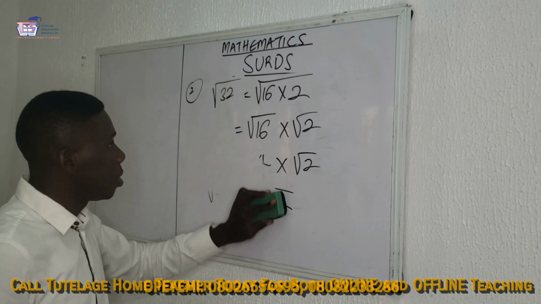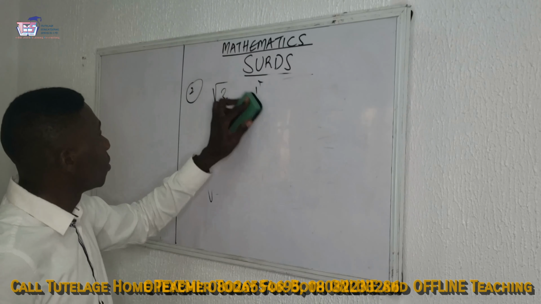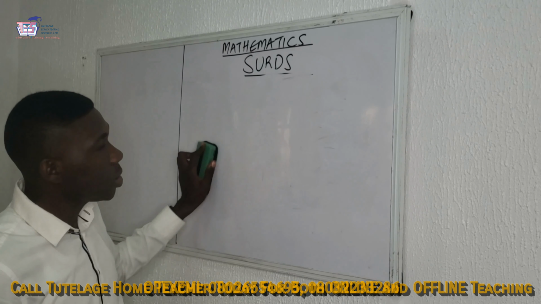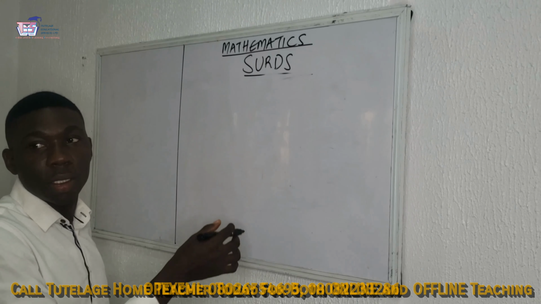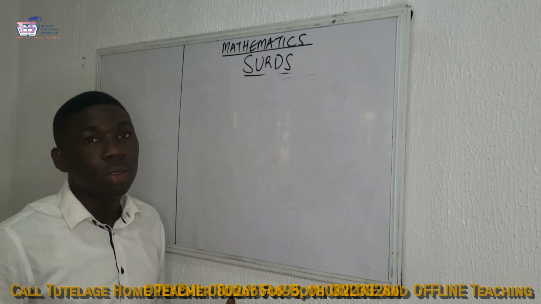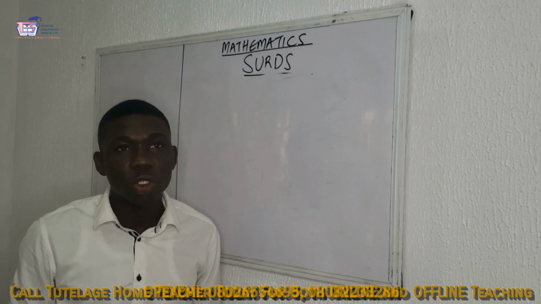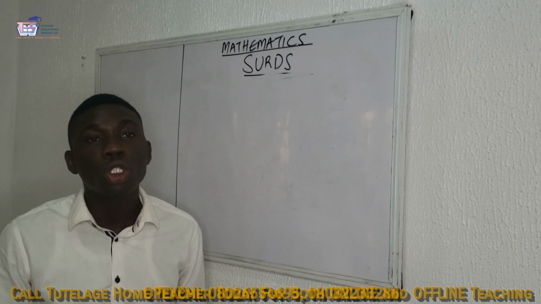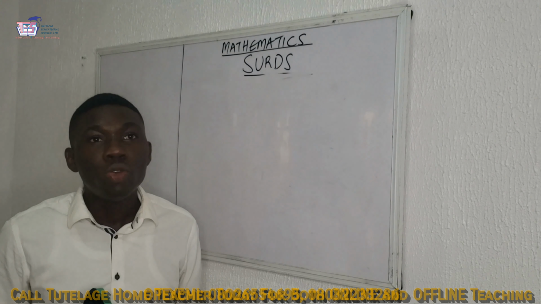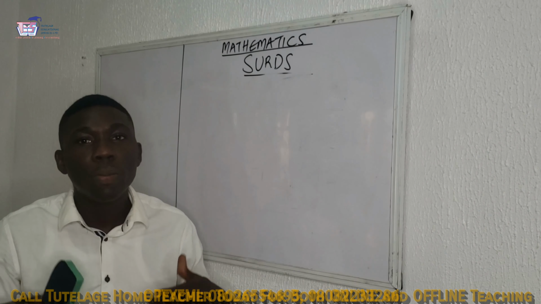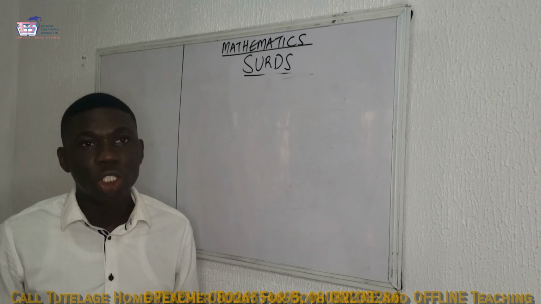To the last example we are going to be looking at. Based on what we have done today in surds, this is just the introduction of how to write the root of non-perfect squares as a surd.